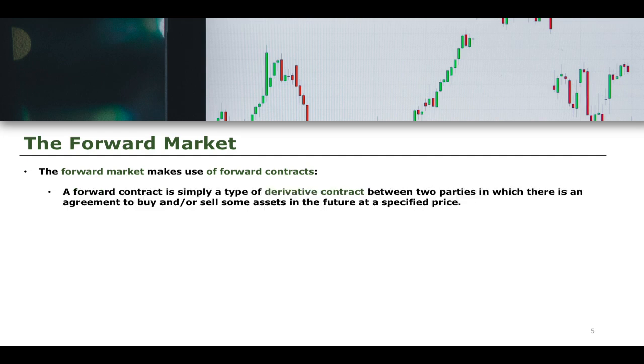But let's just bear that in mind when we think about the forward market. So the forward market makes use of what are known as forward contracts. A forward contract is a type of derivative contract. And don't get too caught up in all the key words and all the key terms.